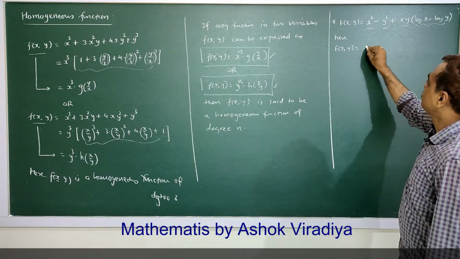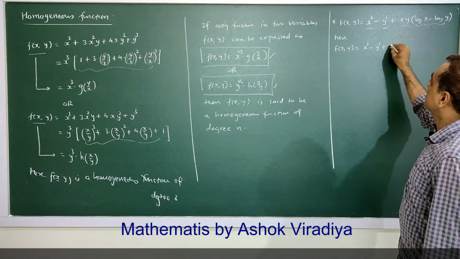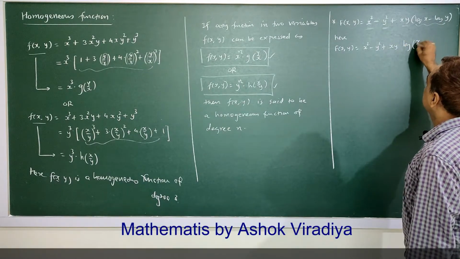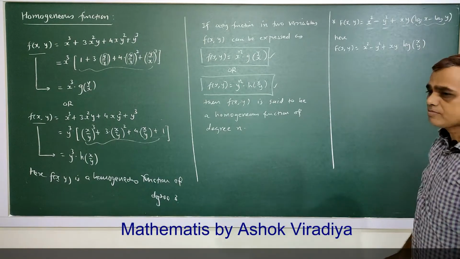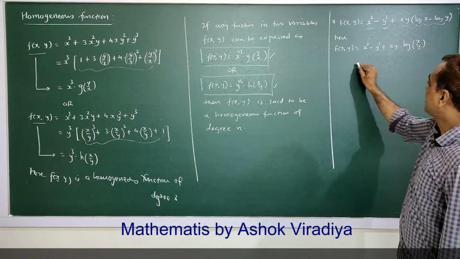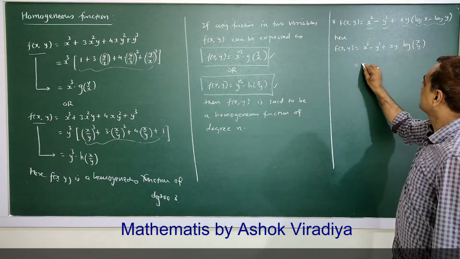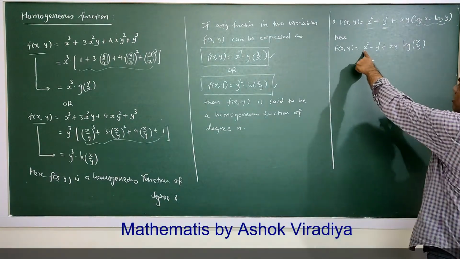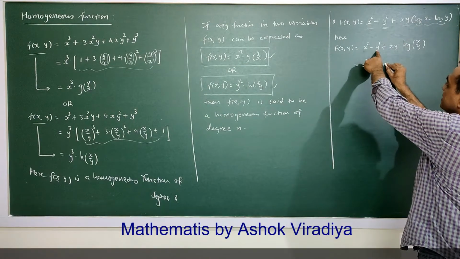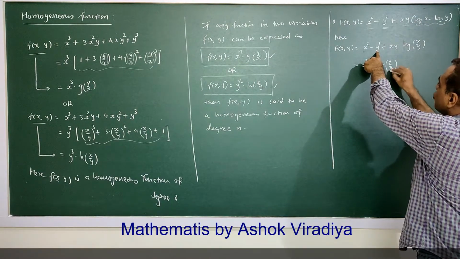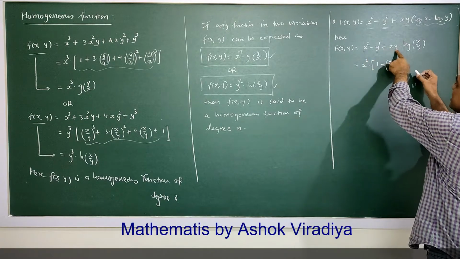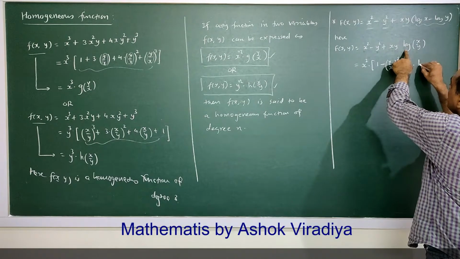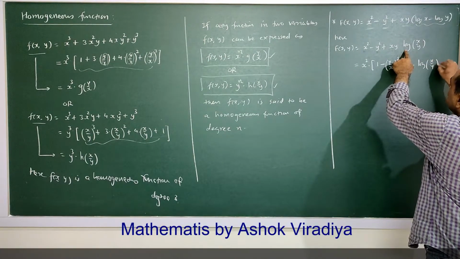So x square minus y square plus xy, first of all join the log terms, so log of x by y. Now I am taking x square common: 1 minus y by x whole square, plus x square is taken out from this term, so y by x into log of x by y.